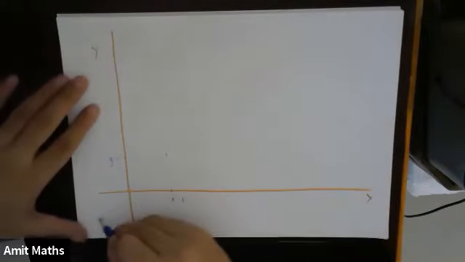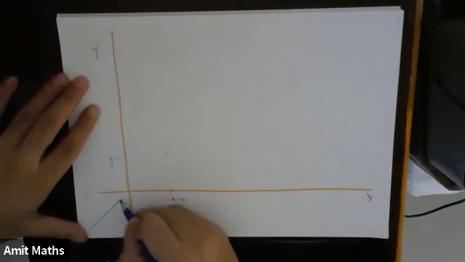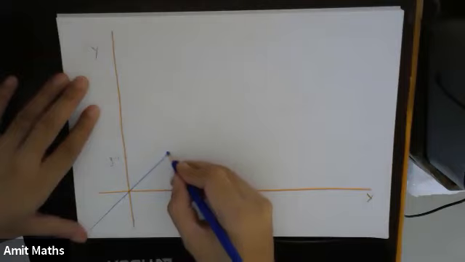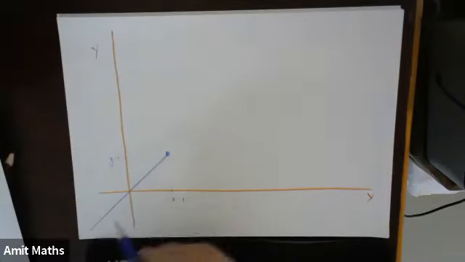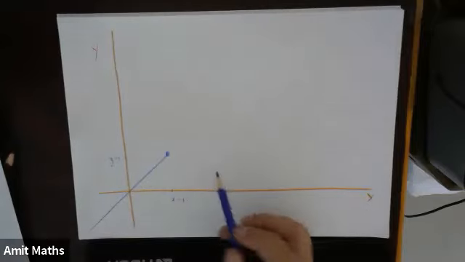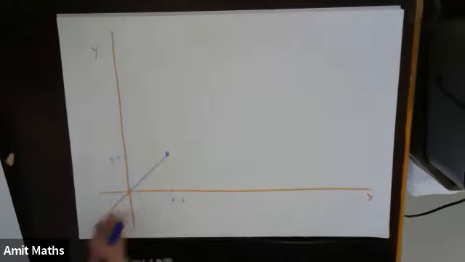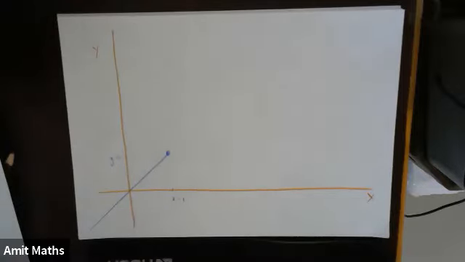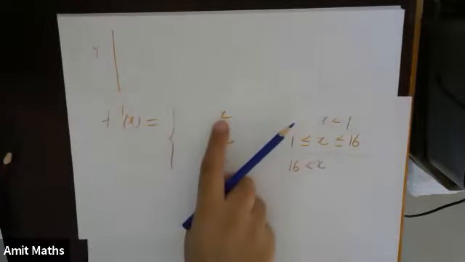So the function will look exactly like this till this part. Now, the inverse of this will be this line only, because if I draw the mirror image of this line, it will be exactly this line. That is why we were getting the inverse of this part as x itself.